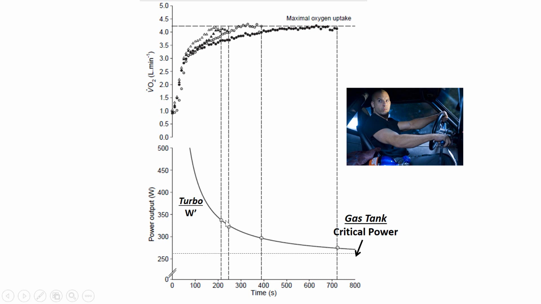And then finally, this dot over here, the triangles, you can see the VO2 response, bam, it's getting up there much quicker. So there's a tight relationship between the response of the VO2 slow component toward VO2 max and the use of W prime.